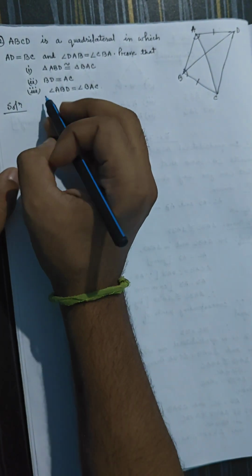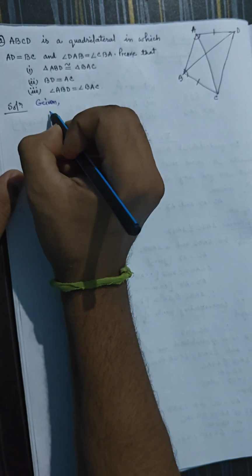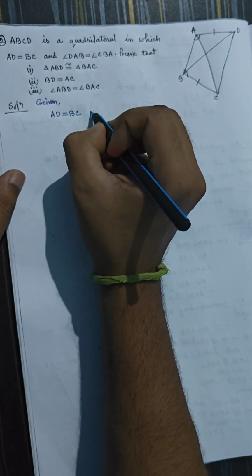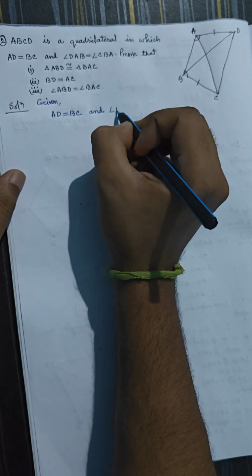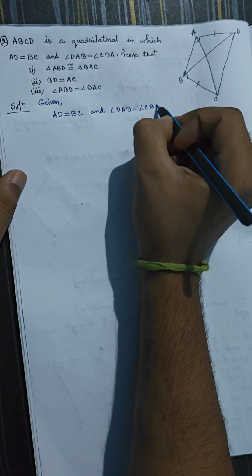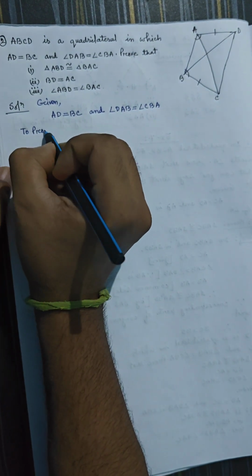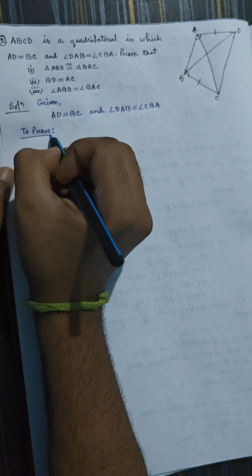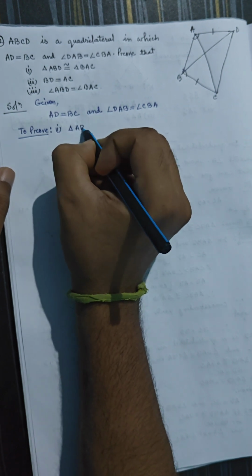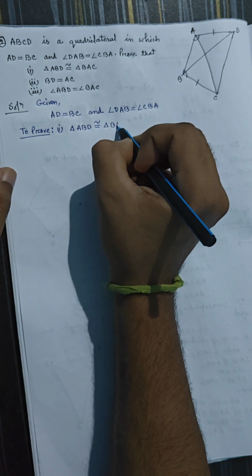So first you have to write given: AD equal to BC and angle DAB is equal to CBA. Then to prove: number 1, triangle ABD congruent triangle BAC.